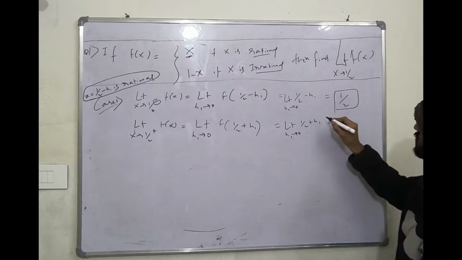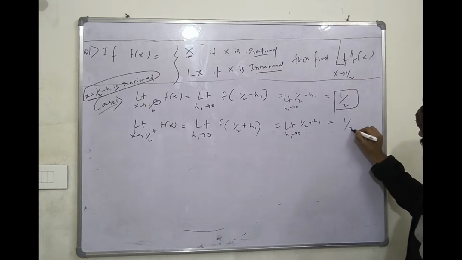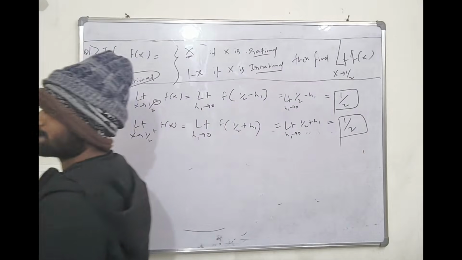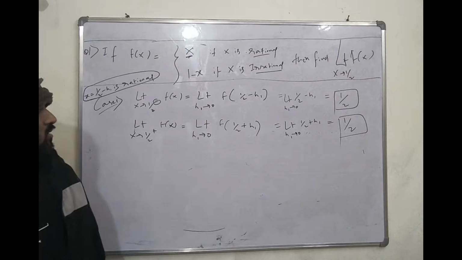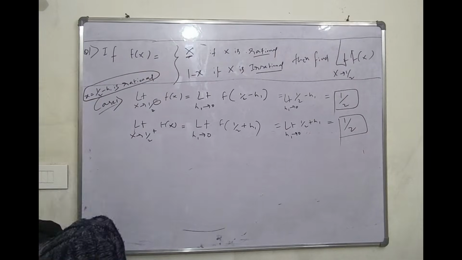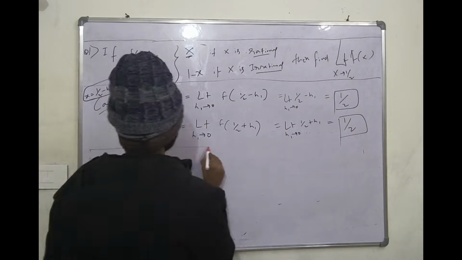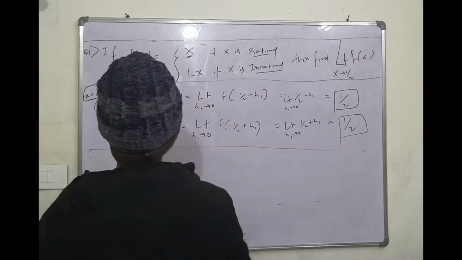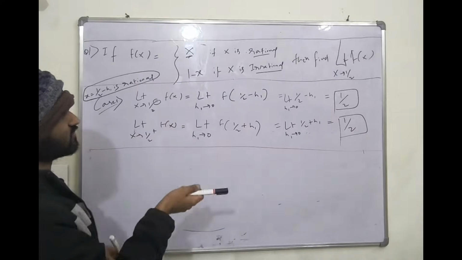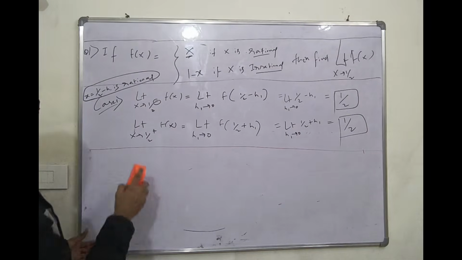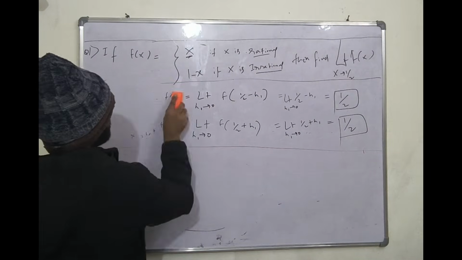Since h1 tends to 0, this is again 1 by 2. Good. Next, we got left hand limit equals right hand limit for x rational. So that's the case.